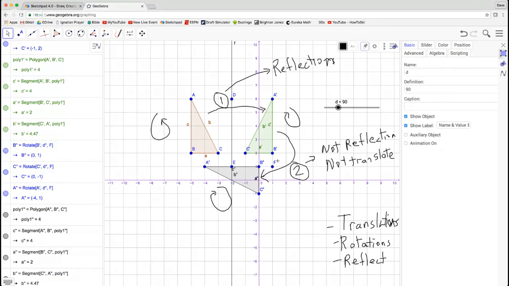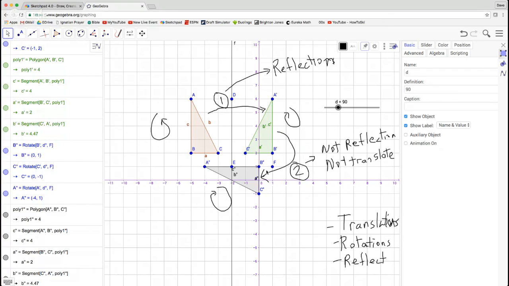And you can do that with a transparency. So if you were to draw this triangle A, B, C on a transparency, or draw it on your graph paper, and then put this object ABC on a transparency, you can then flip it over to map it to A prime, B prime, C prime.